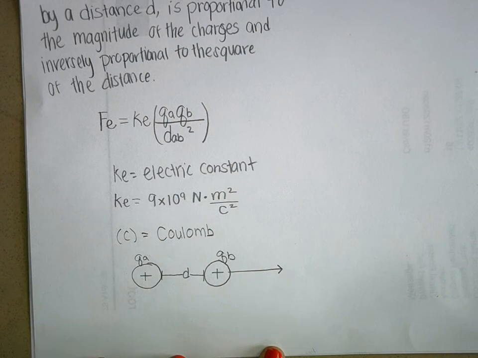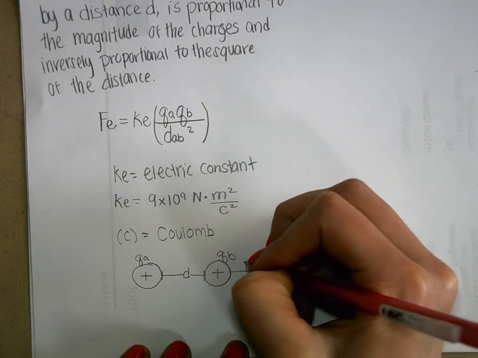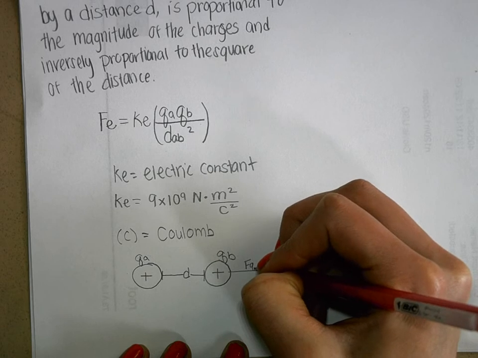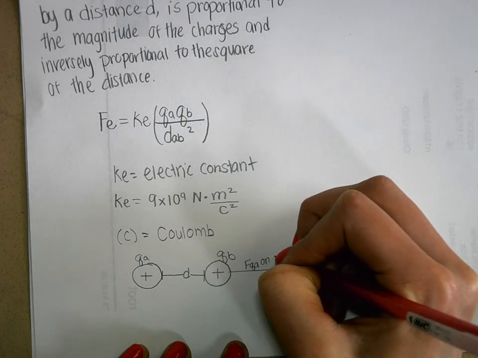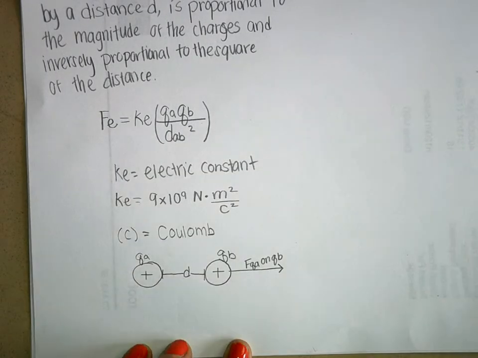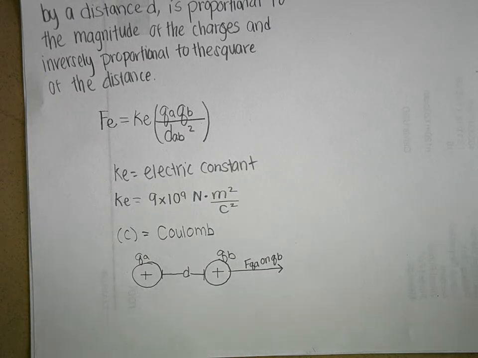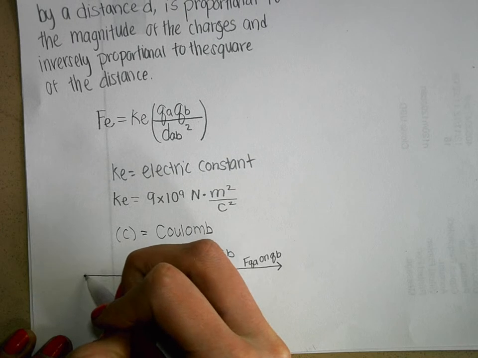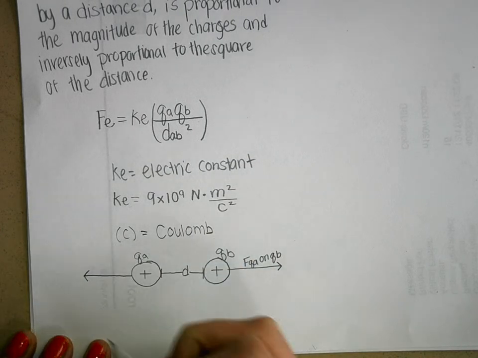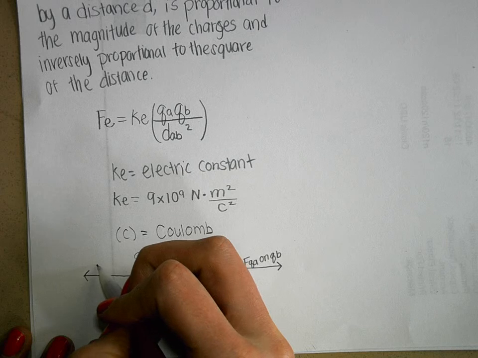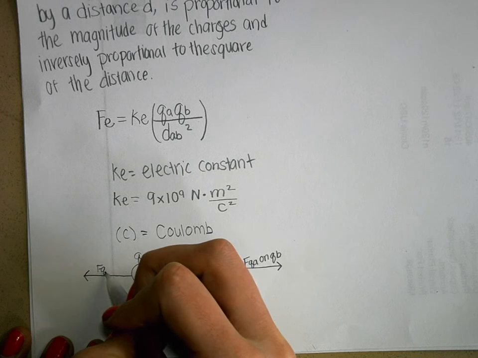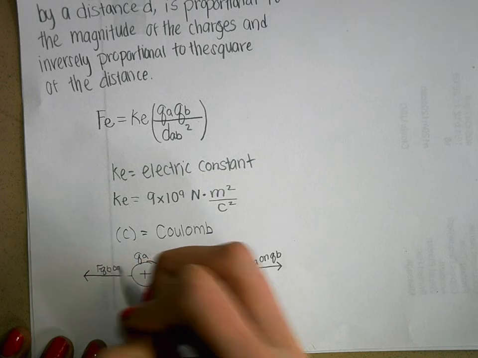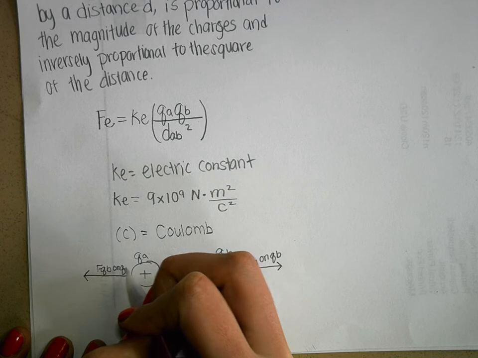So this arrow represents the force of charge A on charge B. Force is a vector quantity. And over here, this is the force of charge B on charge A.